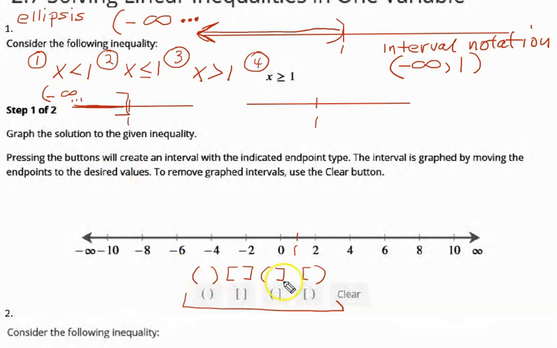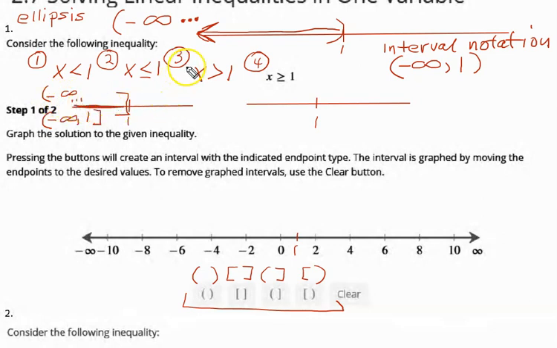So which of these would you use below? And if you said this one here, parenthesis and a bracket, that would be correct. So interval notation for number 2 here is parenthesis, negative infinity, comma, 1, bracket, right from the graph.